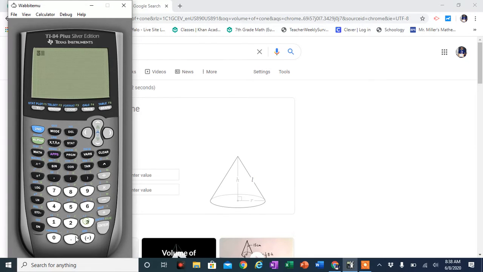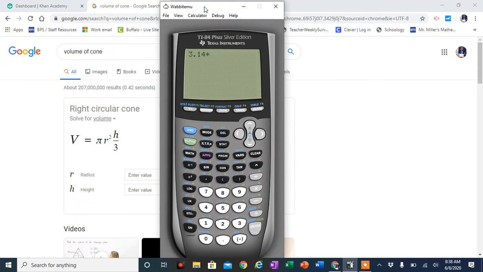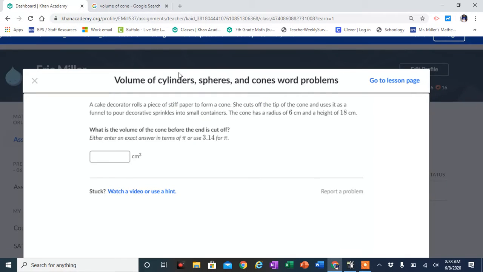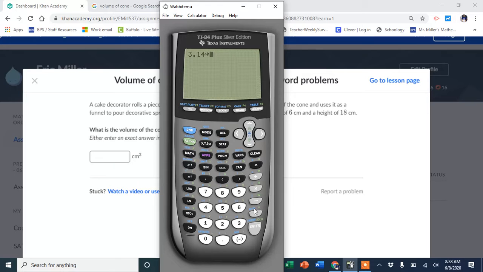So it's going to be pi 3.14 times the radius. In this case, they told us to use 3.14 for pi, which was 6. Times 6 again for r squared, times the height, which was 18.